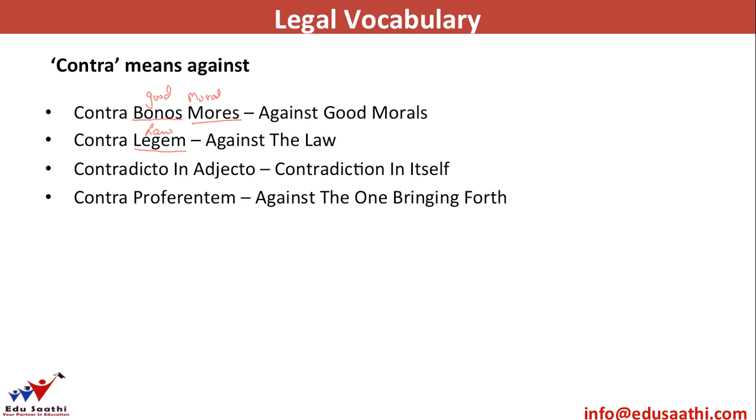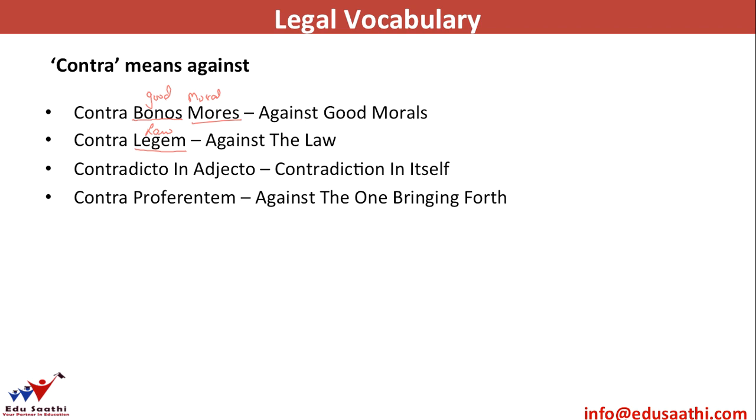Now, for example, in insurance cases, the insurance agents generally are not very clear in telling the party what exactly the clauses in the document are, right? So the other person might not be able to sue the insurance agent for cases like force majeure or something, but yes, he can sue him for contra proferentem.